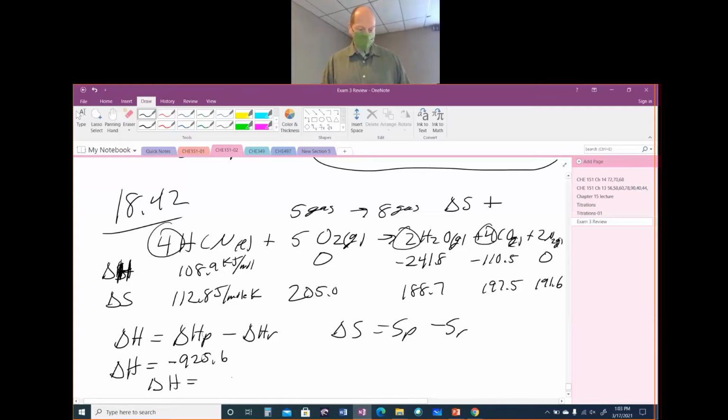So that is a negative 1361.2 kilojoules per mole. All right, so that's minus, and this is going to be 4 times 108.9. All right, so it is very exothermic. So you have an exothermic reaction.